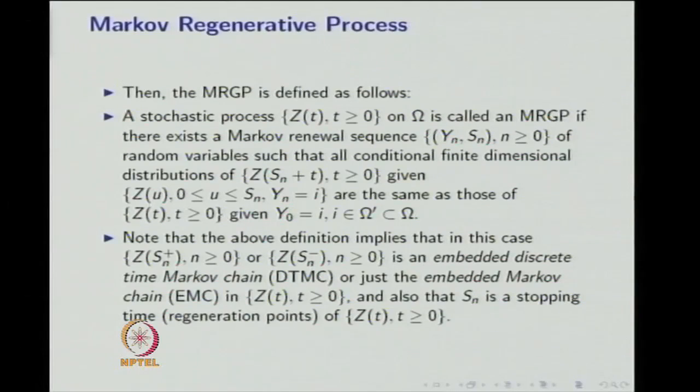Stopping time is nothing but the Markov property being satisfied at those time points for the given stochastic process. So, in this example, Z(Sn-), just before the arrival occurs, will be an embedded Markov chain.